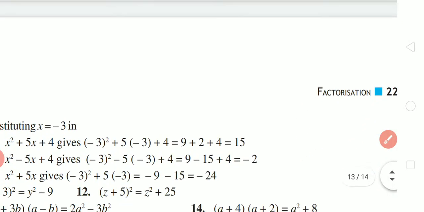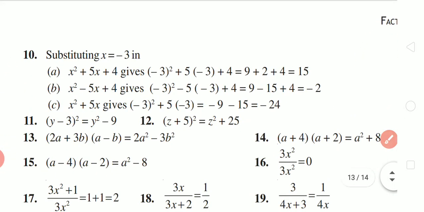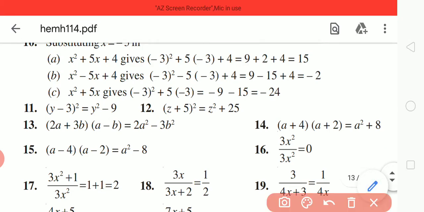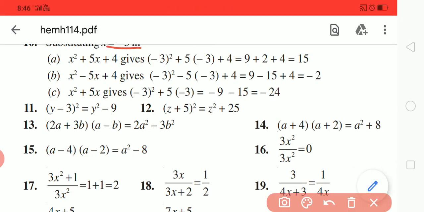Come to question number 10. Here we have been given the value to substitute, that is x equal to minus 3. Okay, so if you put minus 3 in x square plus 5x plus 4, so yes, minus 3 square, instead of x you will just replace minus 3. So 5 into minus 3 and plus 4. If you do the square of any term, negative or positive, it will become positive. So correct, 3 square is 9.